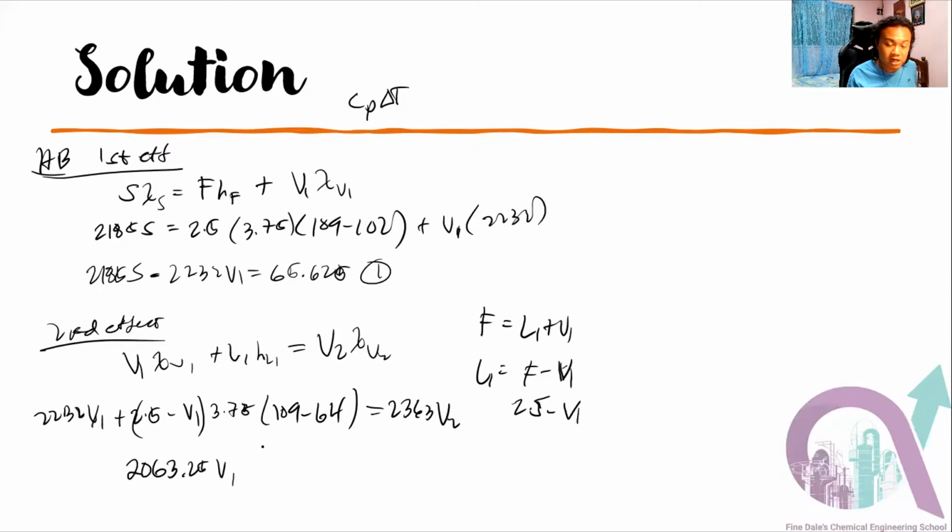Let's substitute here. Okay, so minus 2363 V2 is equal to negative 421.875. So keep this as your equation 2.